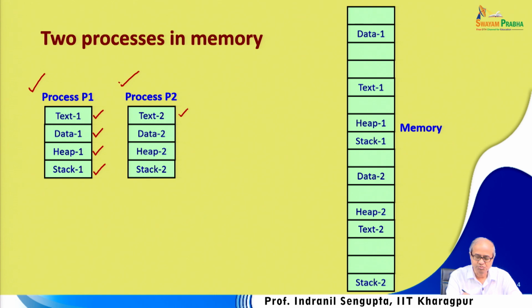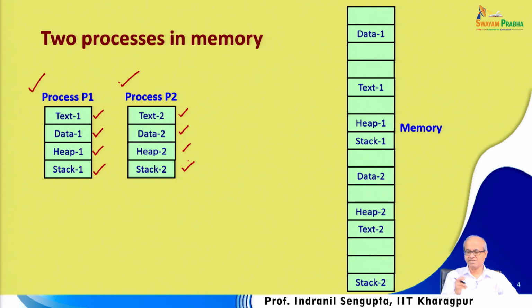Similarly, for process 2, there will be similar regions. I also mentioned that whenever you create a new process using the fork system call, to start with, the text regions are shared, but subsequently if you execute one of the exec family of calls, that text region will be overwritten by the text region corresponding to a new program. So, it becomes totally separate.